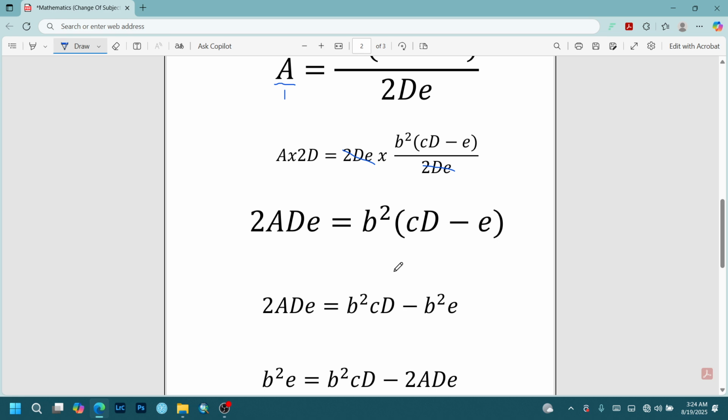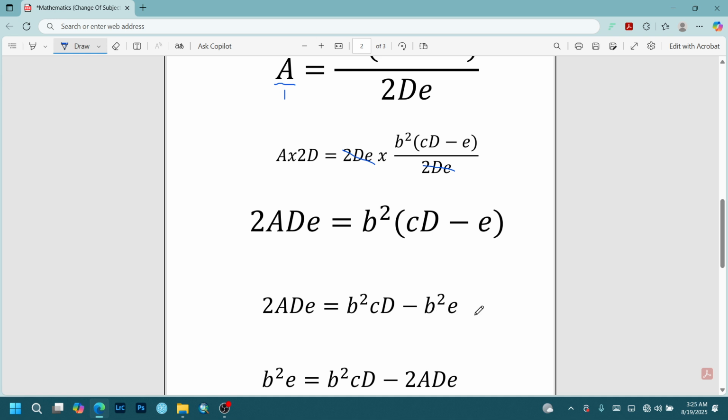So doing further expansion, A multiplying 2D will give you 2AD, right? Equals B squared multiplying CD will give you B squared CD, right? And in similar phase, B squared multiplying negative E will give you negative B squared E, right?